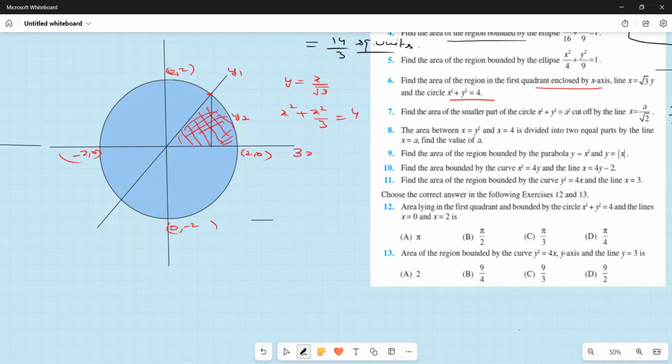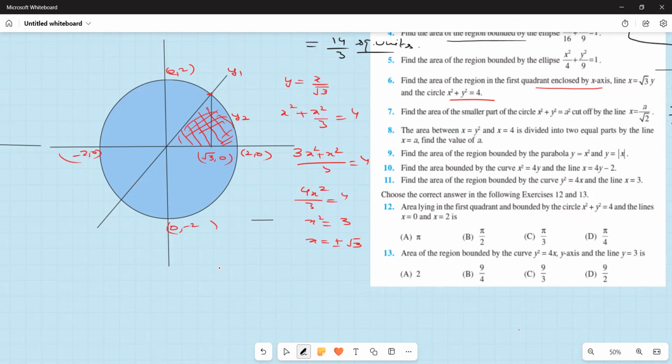So I am getting 4x square by 3 is equal to 4, or x square is equal to 3, or x is equal to plus minus root 3, right? So this point is giving me root 3, 0 over here. I don't need y, so let us find out x only.